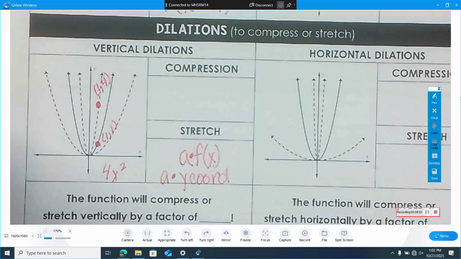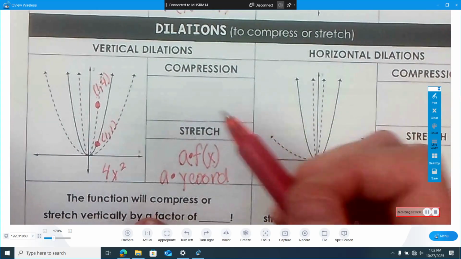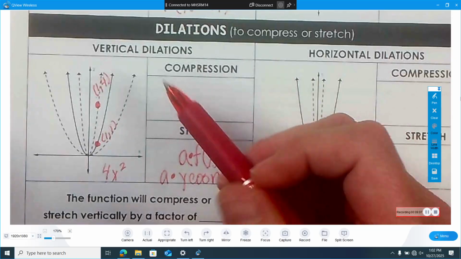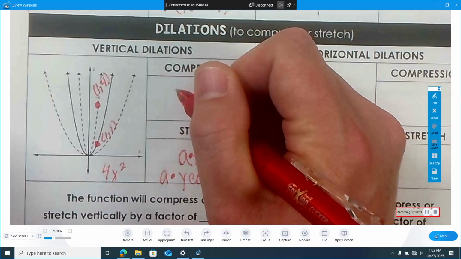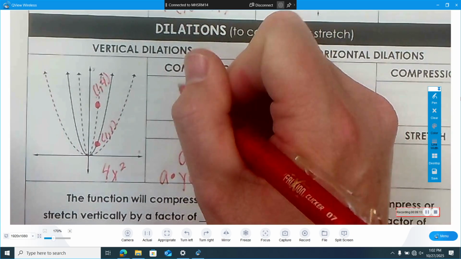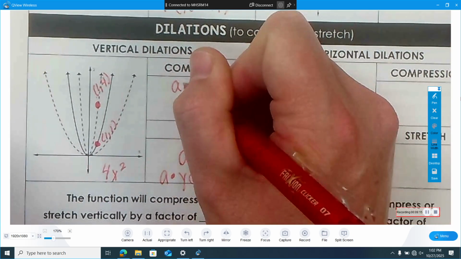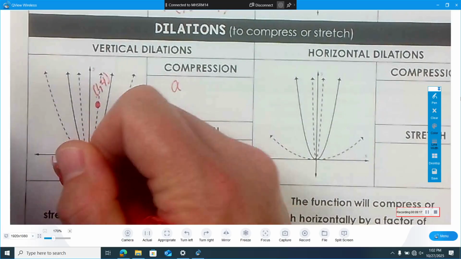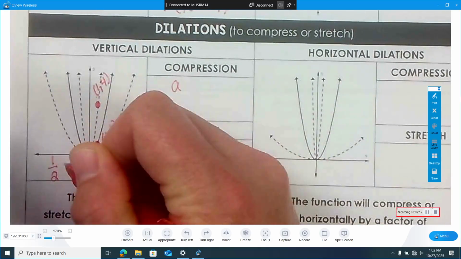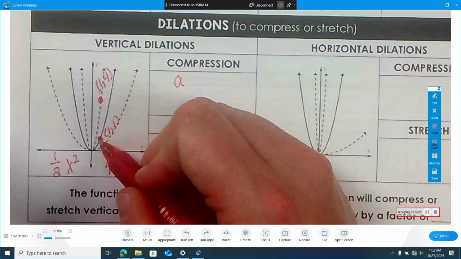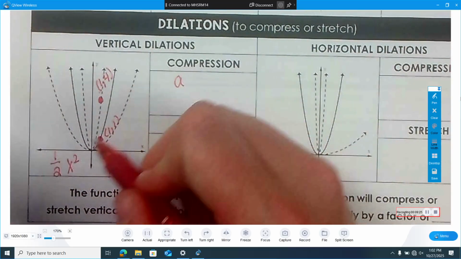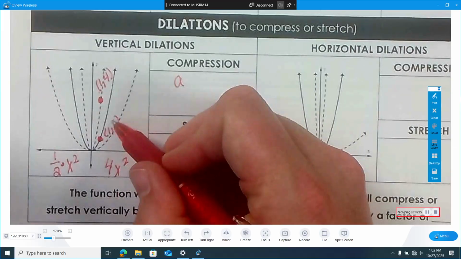All right. So then, if I have another number in front that is less than 1, let's say a is less than 1, like 1/2 x squared. So now I have a number in front. Here's my regular graph. What's it going to do to the y-coordinate?